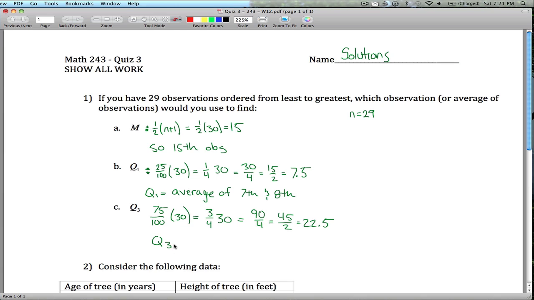So Q3 is the average of the 22nd and the 23rd largest observation. And I guess that's the end of the first question.